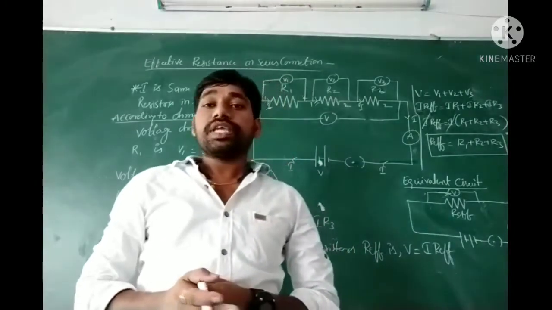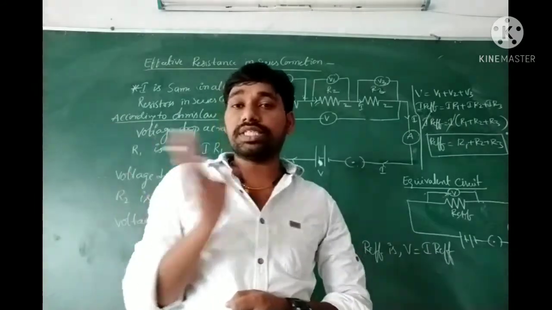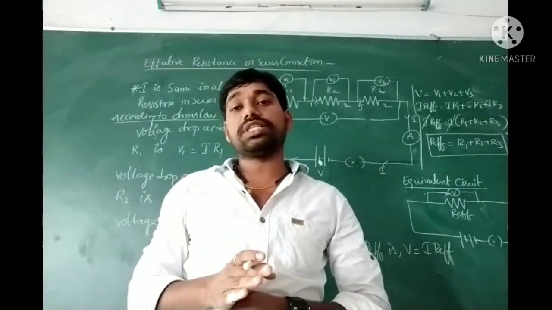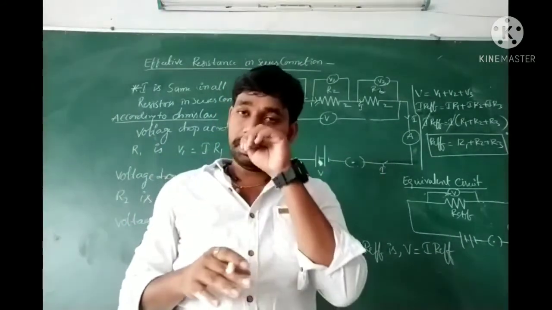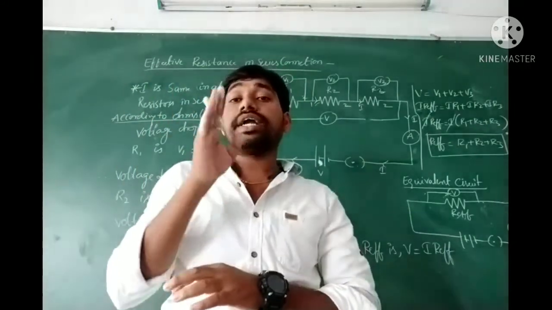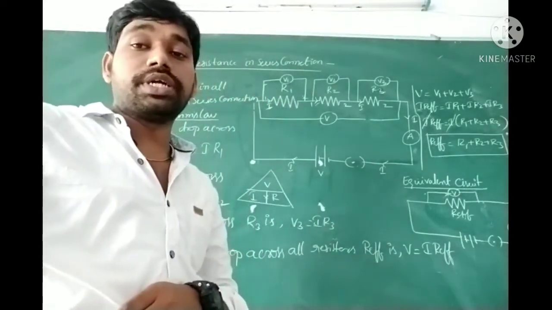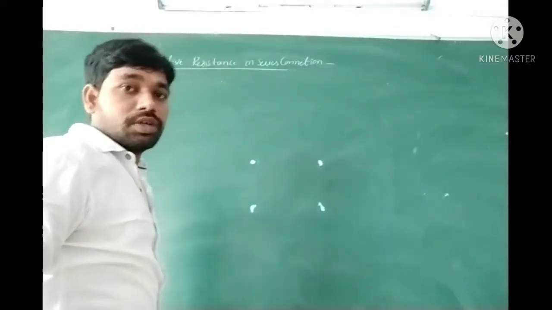Coming to the case where a number of resistors connected in series are all the same, we will write those things in a note. Look at here, see the note.